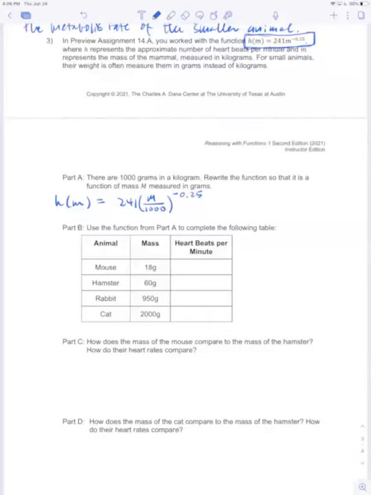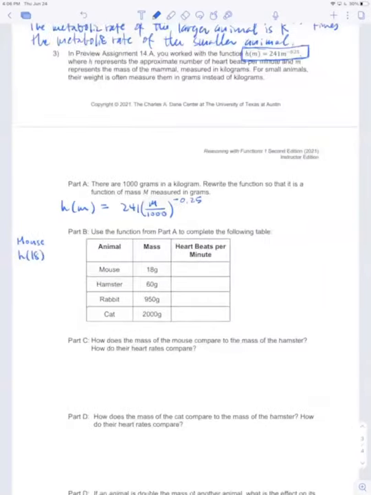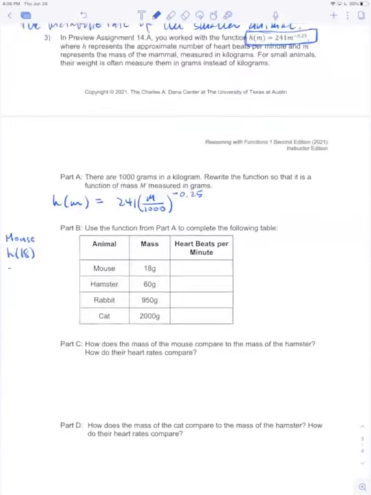All right, let's start with the mouse. I'll just work over here. And we're going to have h of 18, equals 241 times 18 over 1,000 raised to the negative 0.25 power.